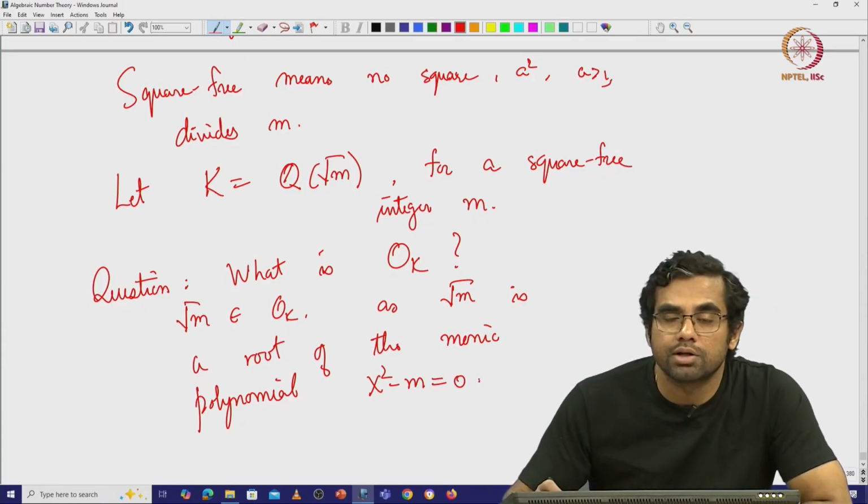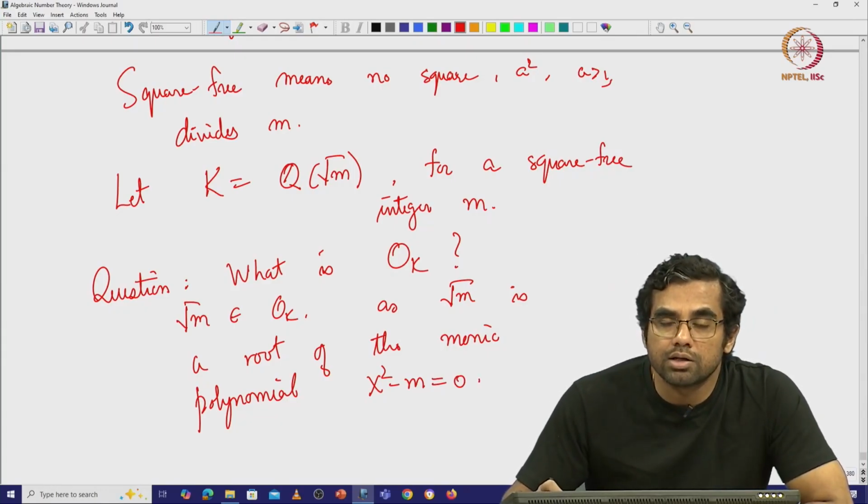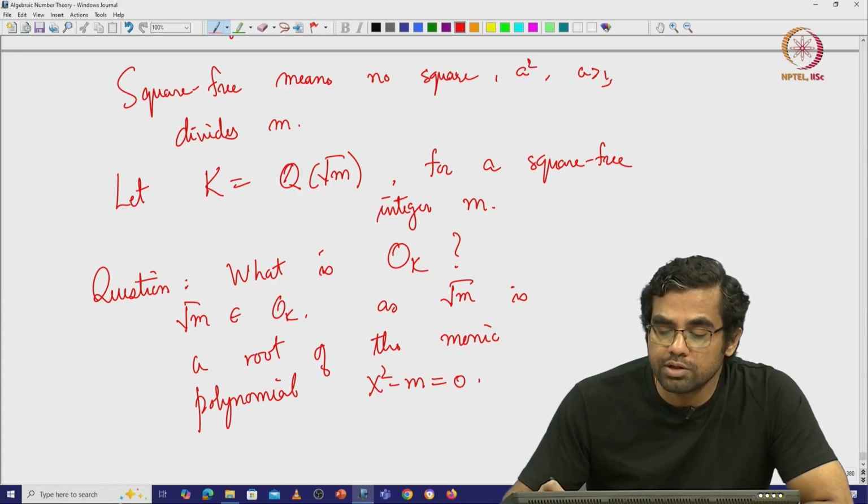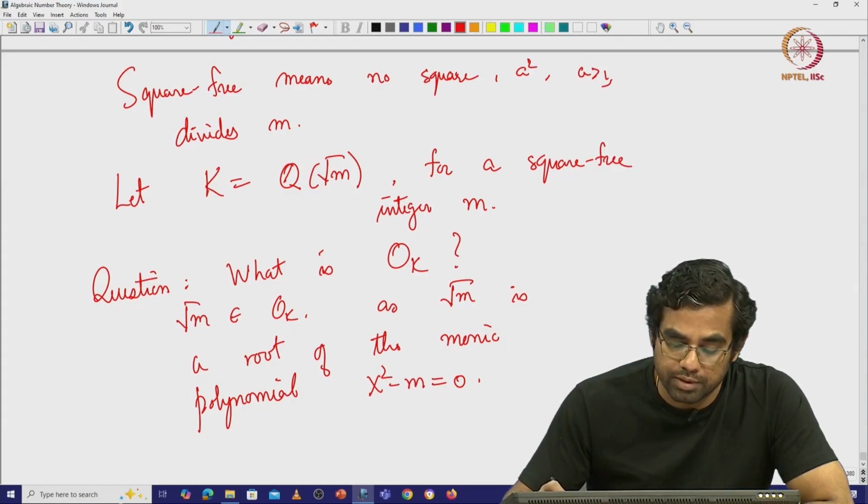Recall what the definition of algebraic integers is. It has to be a root of a monic polynomial with coefficients in Z. We did not ask in the definition that the monic polynomial should be irreducible. We did prove, however, that there will be an irreducible monic polynomial with coefficients in Z for which that algebraic integer will be a root, but that is a different thing.